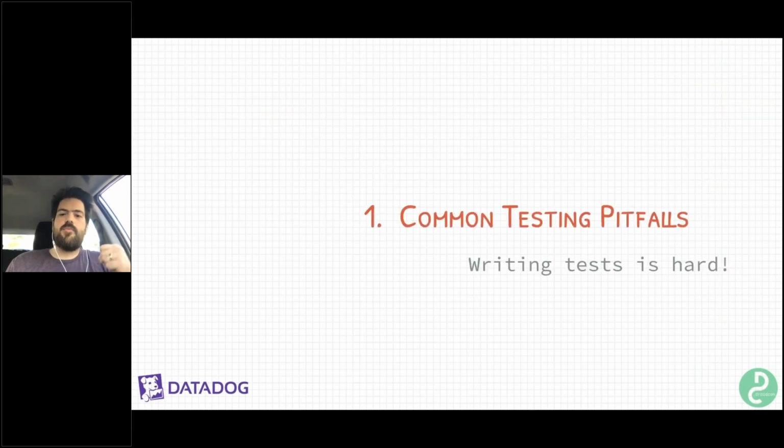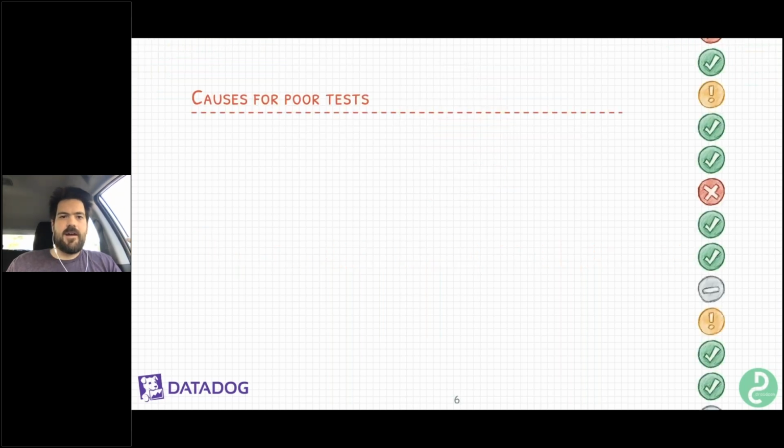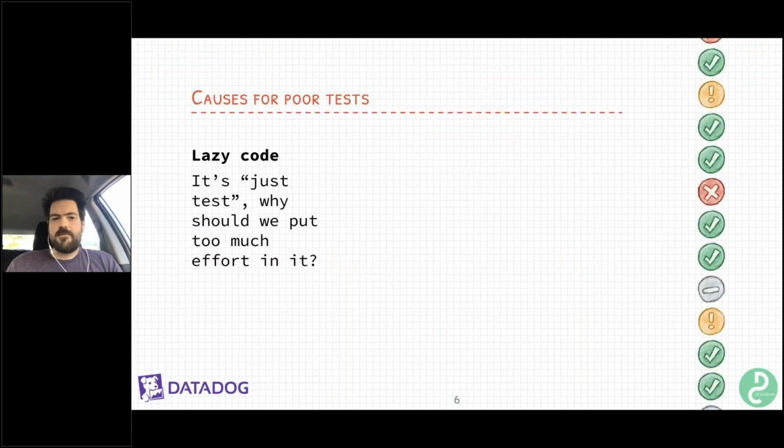So let's get started with common testing pitfalls. The gist of it is that testing is hard. And this means that tests are hard to write and hard to maintain. What this leads to is that you're going to have poor tests, sometimes because of laziness. It's just a test, why should we put too much effort in it?